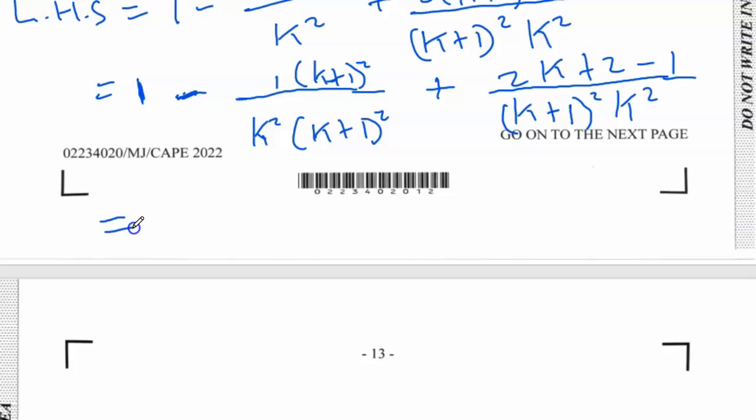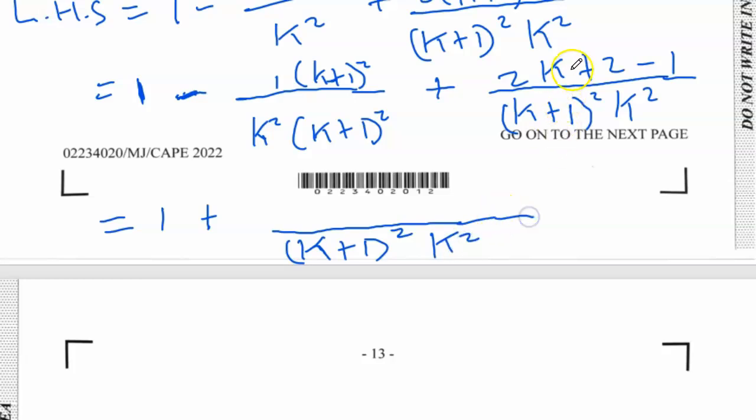Put this equal to 1 plus, let me put this positive term here at the front. So I'm going to have (k plus 1) square in the denominator, into k square. That's the common denominator.